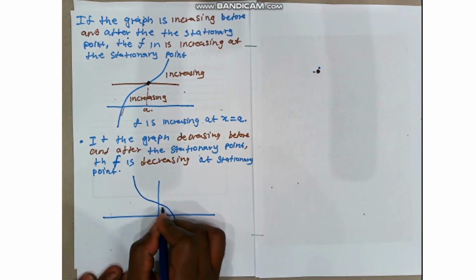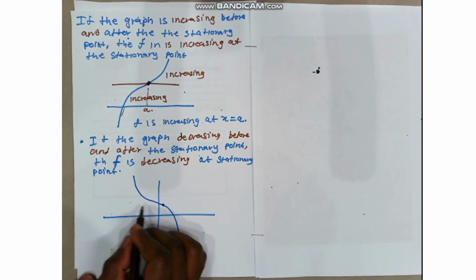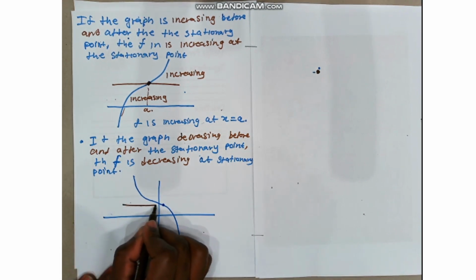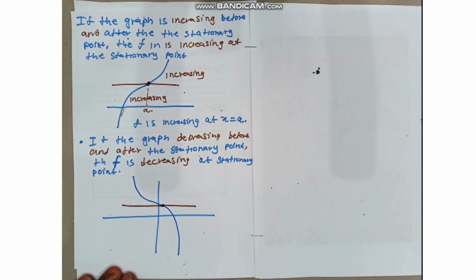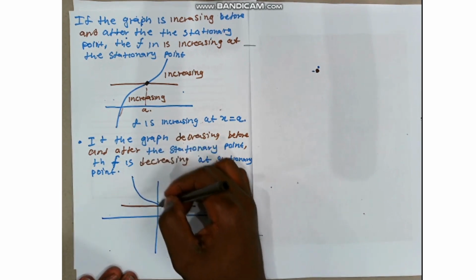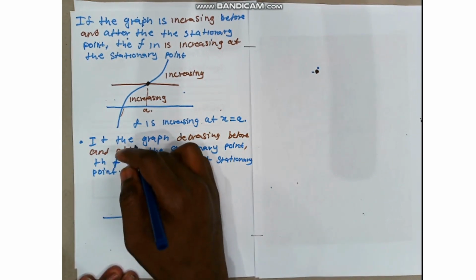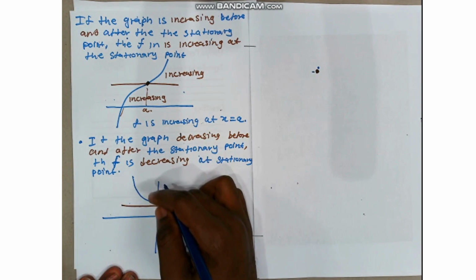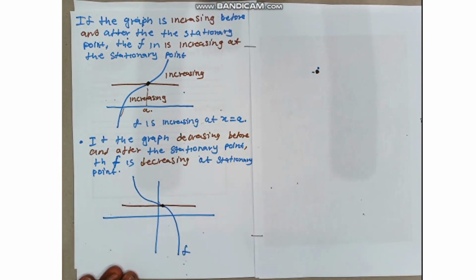At this point here, where it's our turning point, where our tangent, where our f prime of x is equal to 0. So now what is happening here, from the top going down, it reaches this point, also going down after that point.